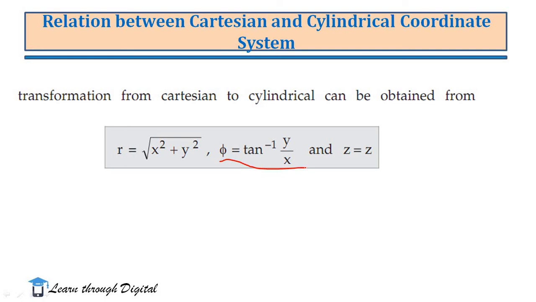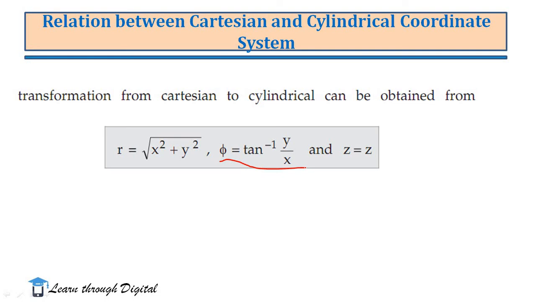When y is negative and x is positive, then phi is in the fourth quadrant, that is between 0 degree and minus 90 degree. That means it may be between 270 degree and 360 degree. Similarly, when x is negative and y is also negative, the point is in the third quadrant and accordingly phi must be between minus 90 degree and minus 180 degree.